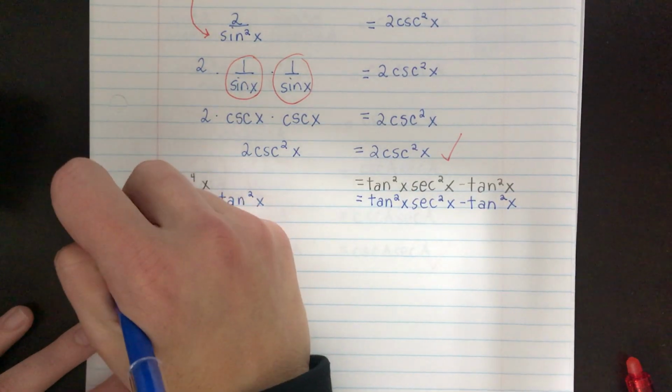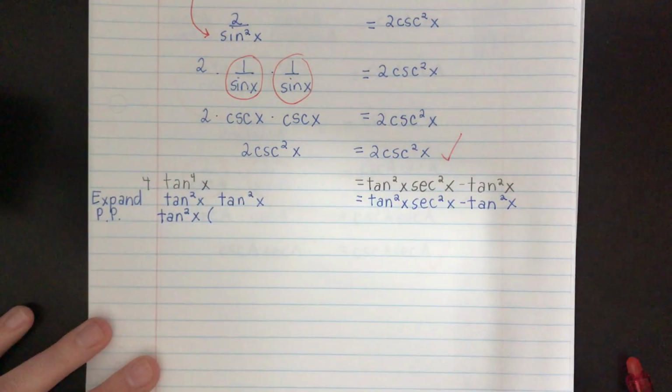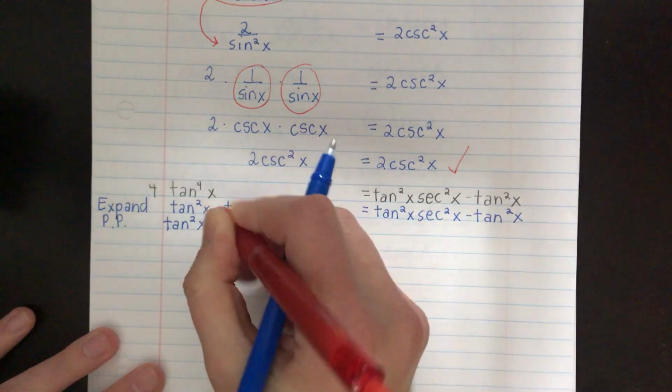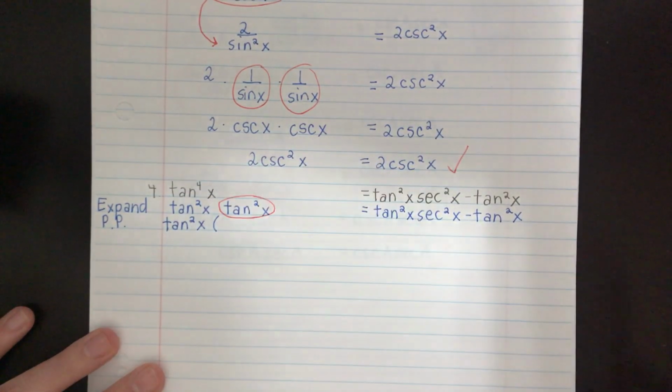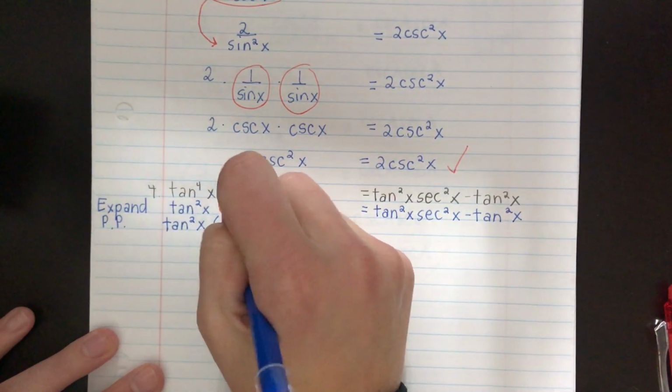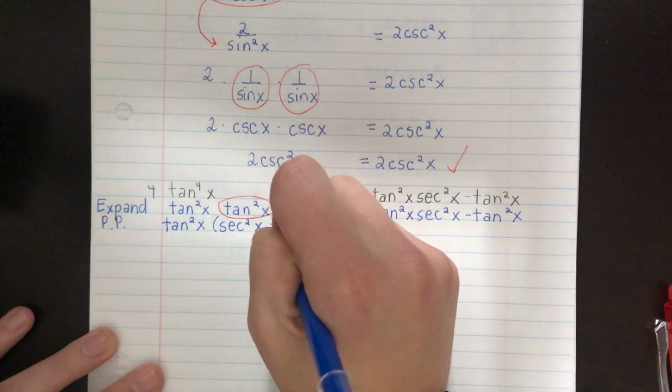Replace this with your Pythagorean property, and this becomes, right here, from the property, secant squared x minus 1.